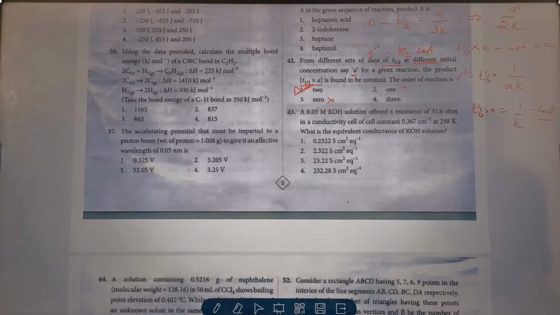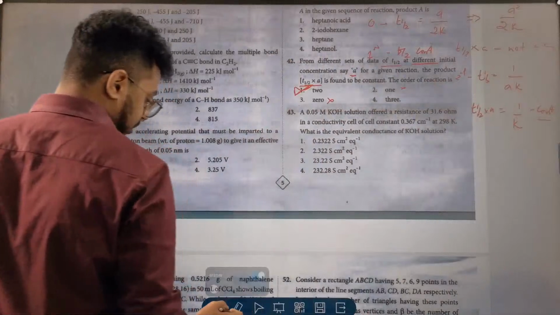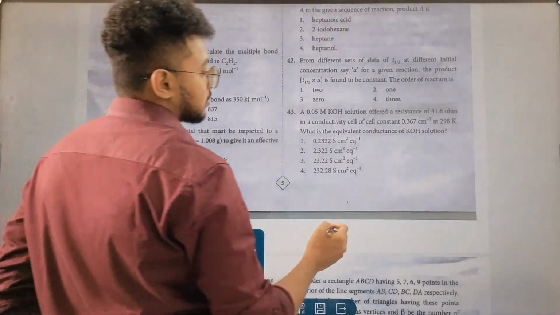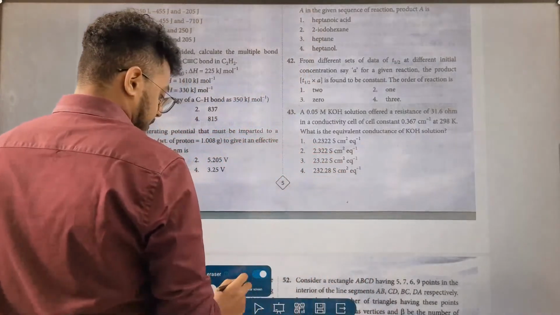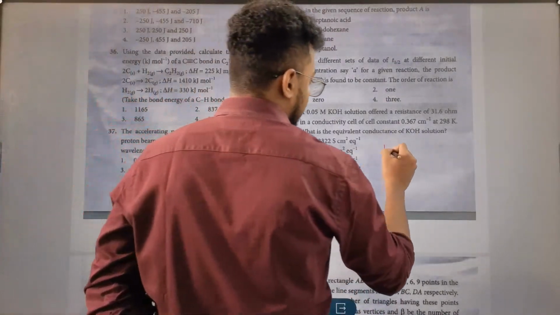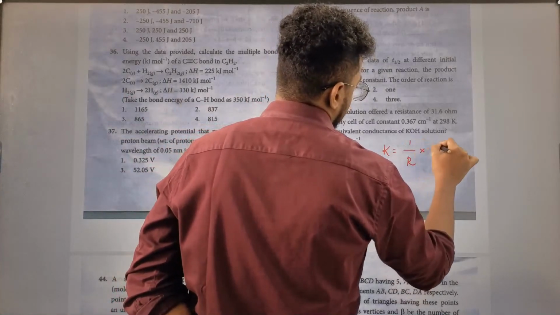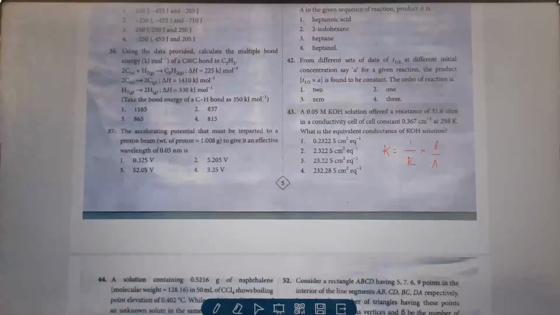So kappa is given by 1 by R into l by A. Kappa is 1 by R into l upon A. What is the equivalent conductance?